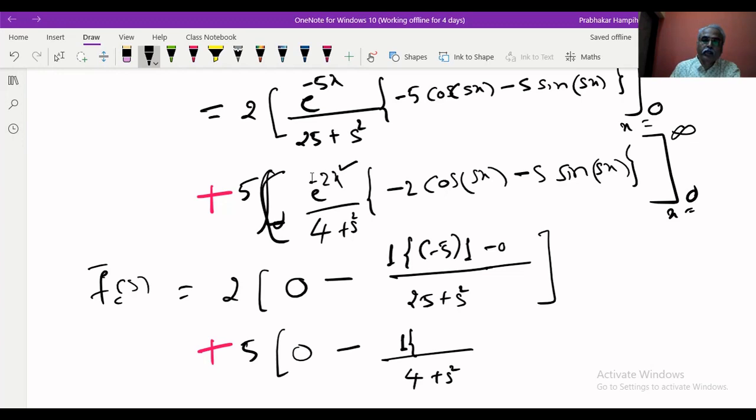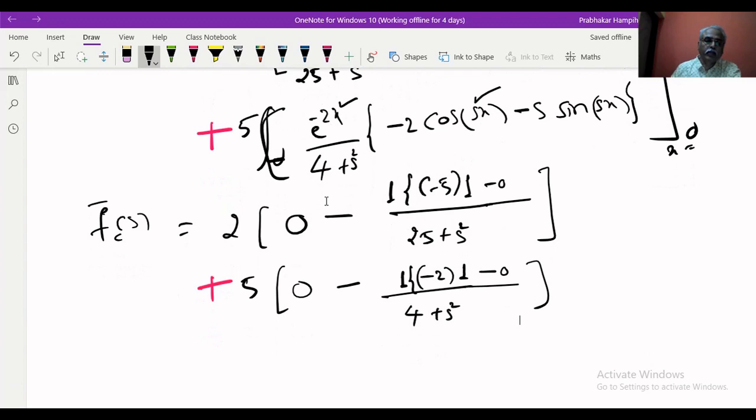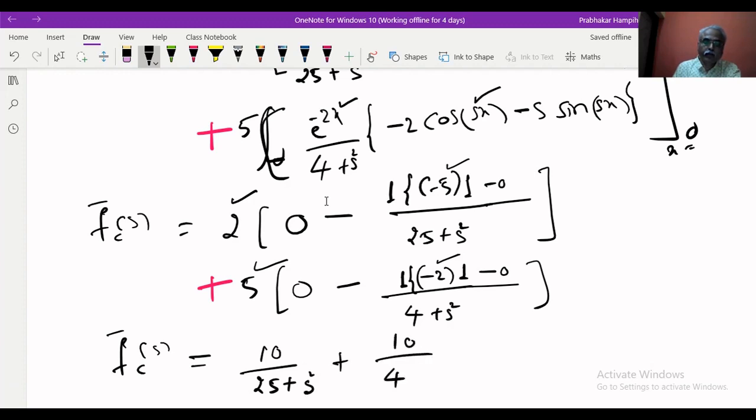In the lower bracket, when I substitute x equal to 0, this becomes minus 2 remains, cos 0 is 1, minus of 0, so that you can observe what remains is a nice answer. 2 into 5 is 10, 5 into 2 is 10, minus of minus plus, minus of minus plus, so both the terms contain 10 upon, plus 10 upon.